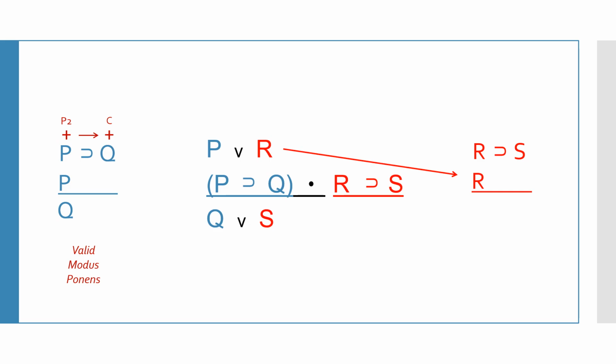Notice R is now the only thing we have left to use, so I can just put R there, and then the conclusion will give us S. And once again, what we have is just a valid modus ponens. So if you think about what a constructive dilemma is, it's really just two modus ponens, both of which in this instance are valid, smashed together by way of an or claim. And that's pretty much all there is to it.